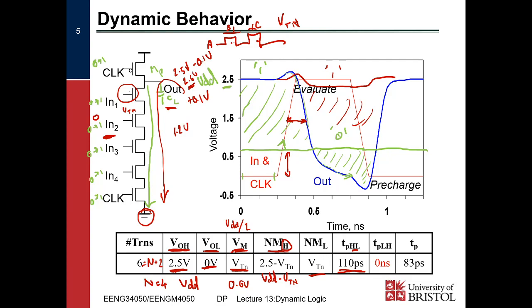However, what's going to be our propagation delay for the low to high? So if one of these is 0 and we're not discharging it, how long does it take to get to the high from the rising edge of the clock signal? Well, it's already high because we pre-charged. So we've got a 0 low to high propagation delay, right?